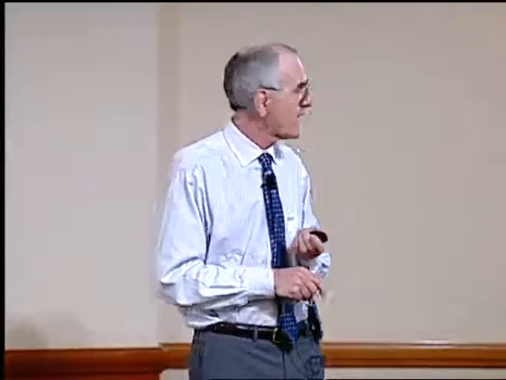Okay, the second one, Th2s. The signature cytokines of them are IL-4, IL-5, and IL-13. These are involved largely in a protective mechanism for dealing with helminths, or worms, helminthic parasites.